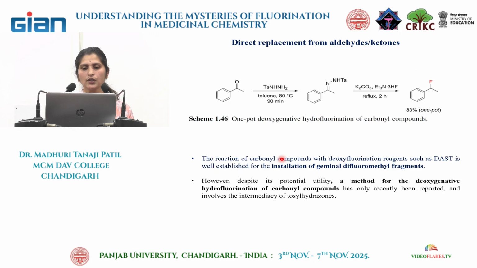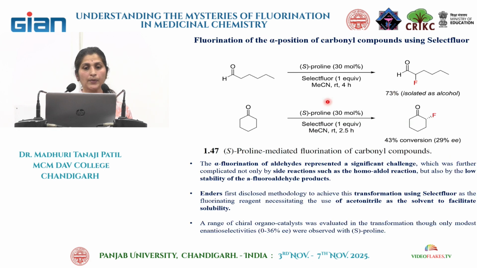So it will be hydrofluorination of carbonyl compounds. Instead of two fluorines, you are getting hydrogen and fluorine at that place by first converting the ketone into a hydrazone. So if you don't want two fluorine atoms here, don't use DAST. You have to follow this sequence, then you can get only one fluorine atom there.